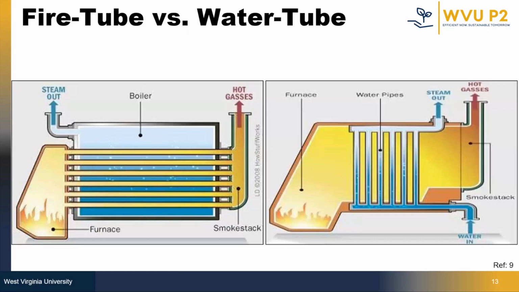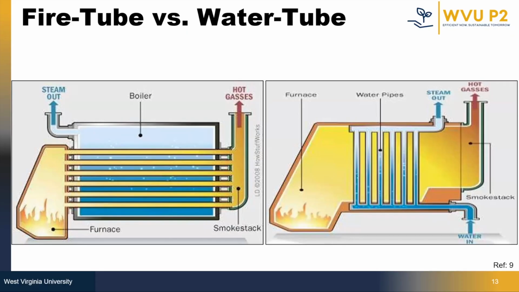The image on the left represents a fire tube boiler. In these boilers, tubes carry the heat generated by the combustion of the fuel. The tubes pass through the water-filled boiler vessel and transfer heat into the water. This type you will mostly find in facilities for heating or small industrial processes.